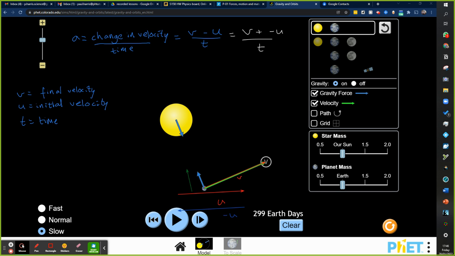And then I'm going to add the vectors, or take away the vectors, depending on your outlook. So I'm taking away u from v, but you could say that I'm adding negative u to it. It amounts to the same thing. And again, use the head-tail method and look at this.